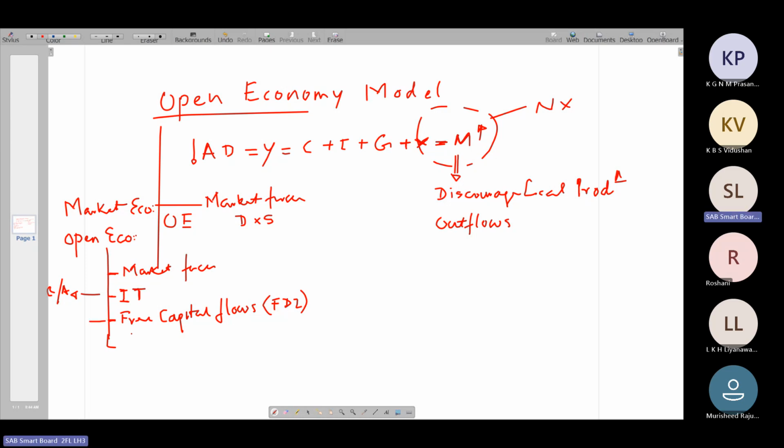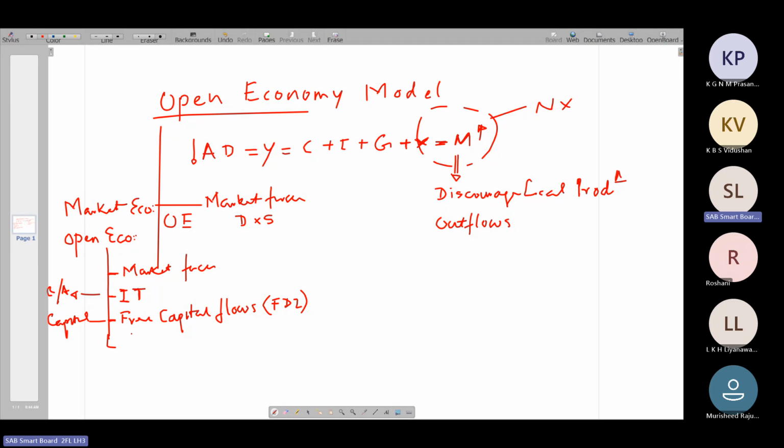The free capital flows mean the capital account in the balance of payments, which is also liberalized. So there are no restrictions in the current account and the capital account. These are the important aspects of the open economy.